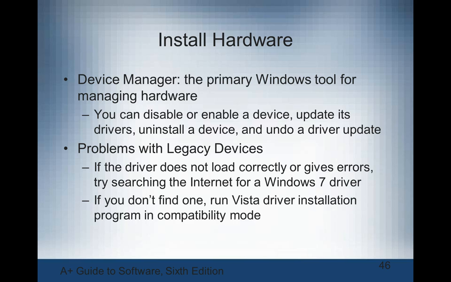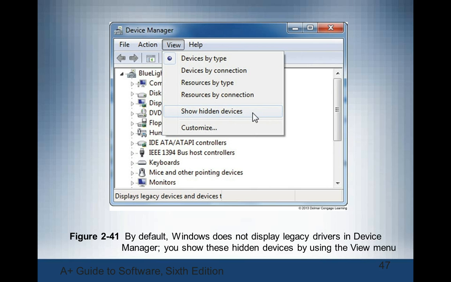There's a lot of hidden devices, and one of the things I'd like for you to do is show the hidden devices just so that you see what's there, what kind of things they do have available in there. With legacy devices, legacy means old, which also means you may not be able to find the driver. Driver's not loaded correctly, gives errors. Try searching the internet for a Windows 7 driver and then give up and go buy a new one that you can find a driver for.